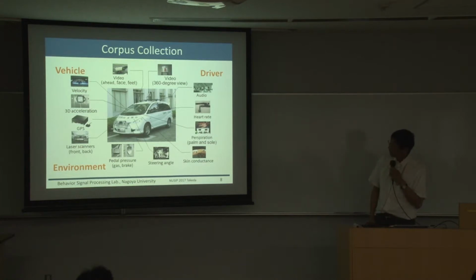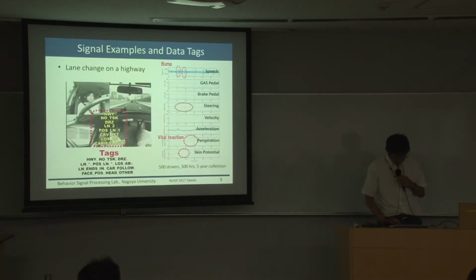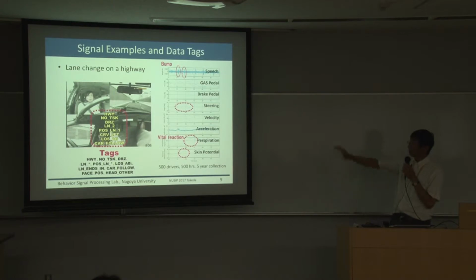So in our case, we built a vehicle for measuring the data, and used this vehicle for the experiment. Nowadays, they provide very cheap setups for this kind of thing, and we also collected the data based on the experimental setup, and we measured a lot of signals.